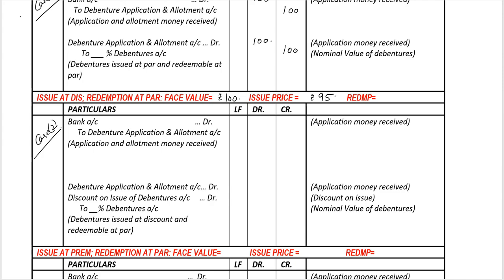The redemption is at par, so the amount repayable on maturity of debenture should be equal to the face value, which is rupees 100 in this case. The first entry, we need to debit bank account and credit debenture application and allotment account with the application money which has been received. Now, since the debenture issue price is 95 rupees, the amount received will also be 95 rupees.